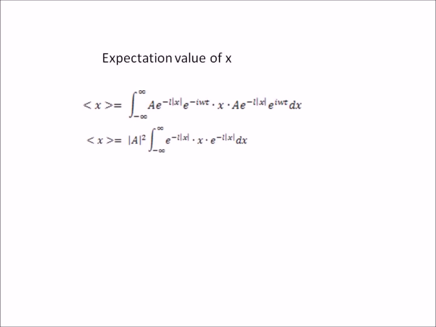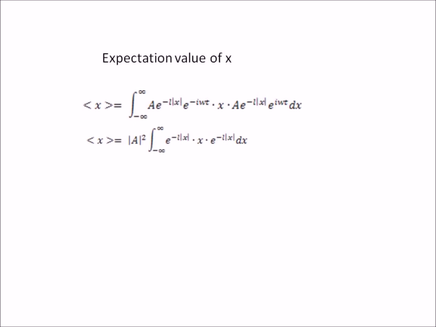Again the time part vanishes because of minus i omega t and plus i omega t. The remaining part is integration from minus infinity to infinity of e raised to minus L mod x into x into e raised to minus L mod x.